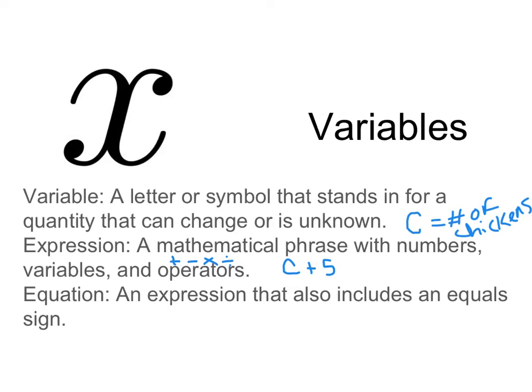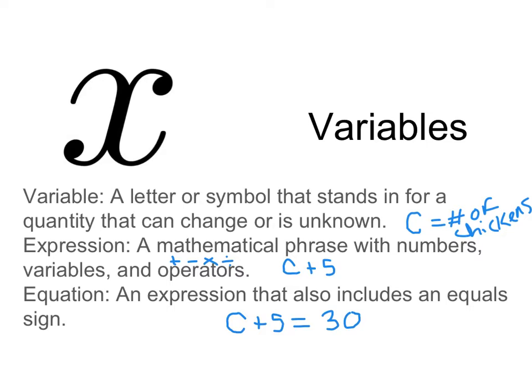An equation is closely related to an expression. It is like a type of expression that also uses an equals sign. So you might say that the number of chickens plus 5 other animals equals the total number of animals on the farm, let's say, which could be 30.